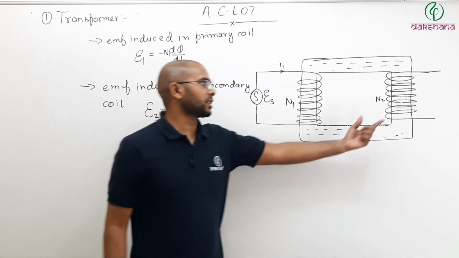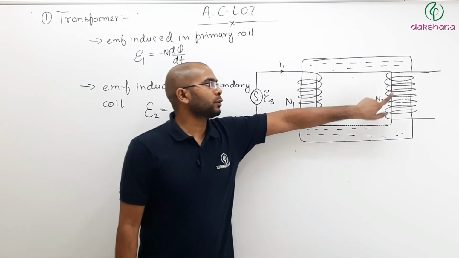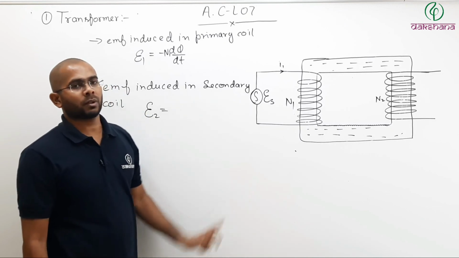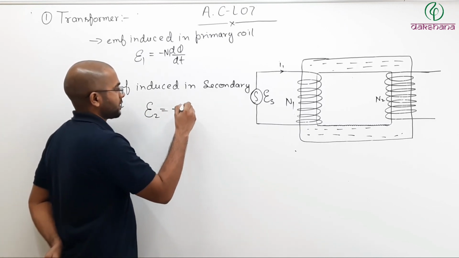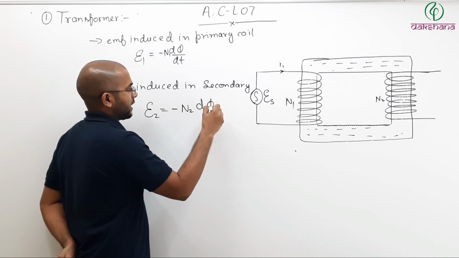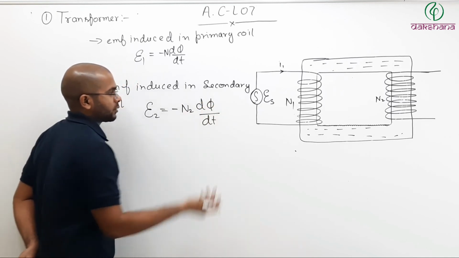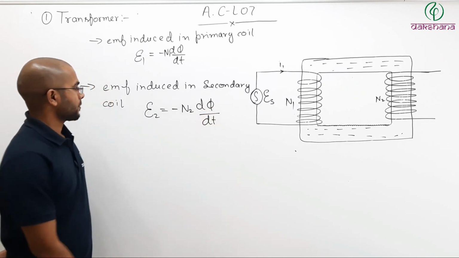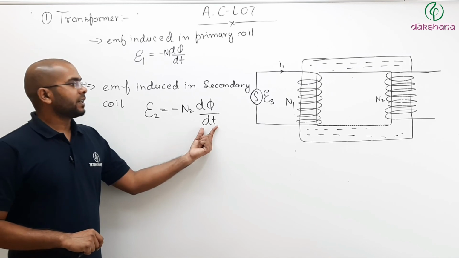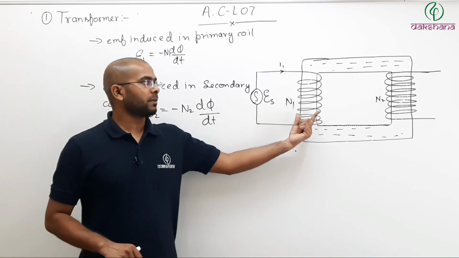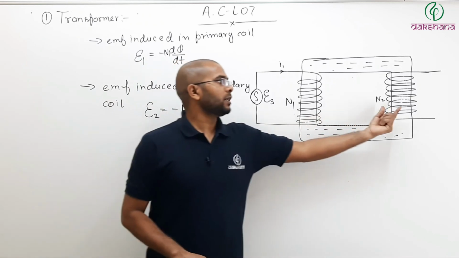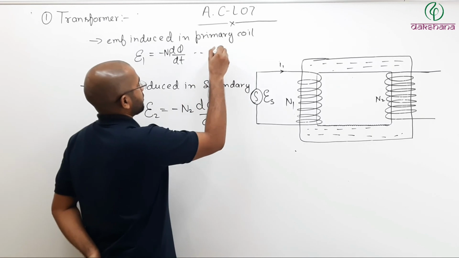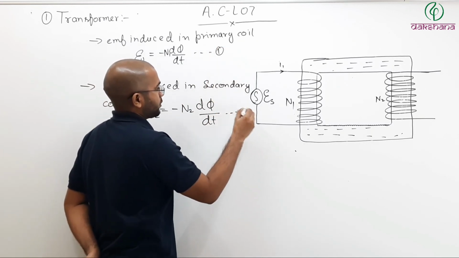We already know what the flux in the secondary is: N2 times phi, where phi is the flux per turn in both the coils. So E2 is nothing but minus of N2 d phi by dt, because N2 is a constant and phi is the flux through one turn. Whatever rate d phi by dt is in the primary, the same will be the rate of change of one turn flux through the secondary. So let us say this is equation 1 and this is equation 2.